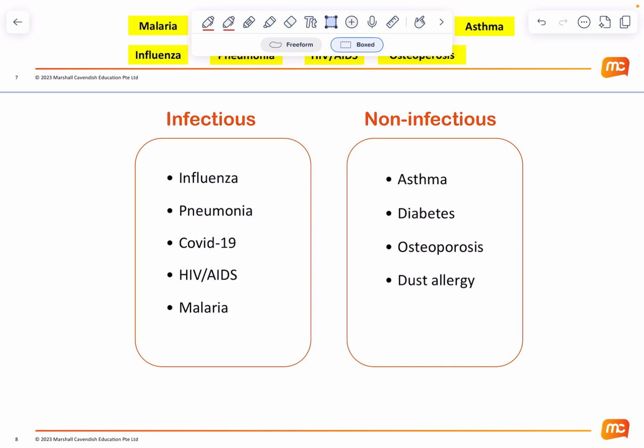And of course, we have other things that we do to limit the spread, either through social distancing, where we don't stay near, or wearing physical masks to act as barriers for transmission. HIV and AIDS, of course, is a sexually transmitted disease, where as long as there's an exchange of bodily fluid with an infected person, this can lead to the spread. And of course, we have malaria as another example.